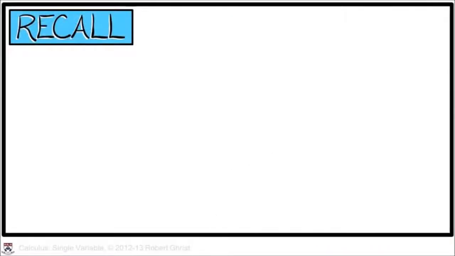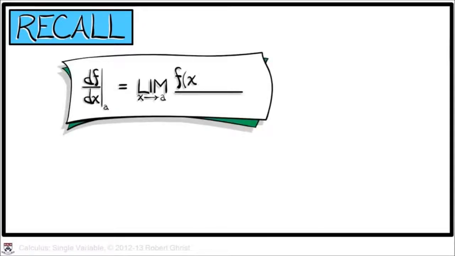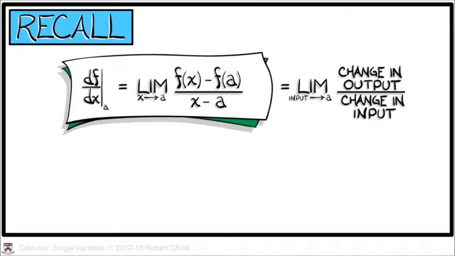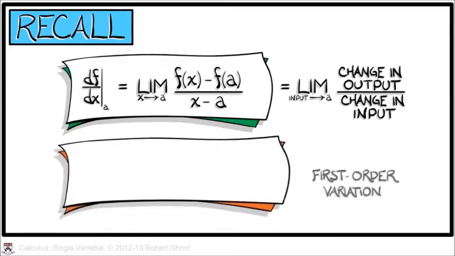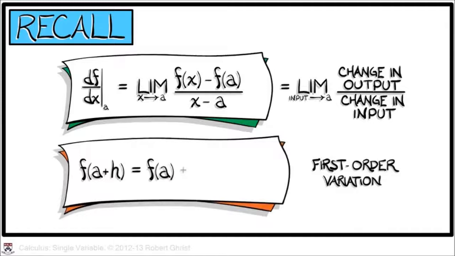Recall from our previous lesson that we had two different ways of defining the derivative. One is in terms of a rate of change. It's a limit as the input approaches A, the change in the output over the change in the input. Our second definition, a little bit stronger definition, is in terms of first-order variation.